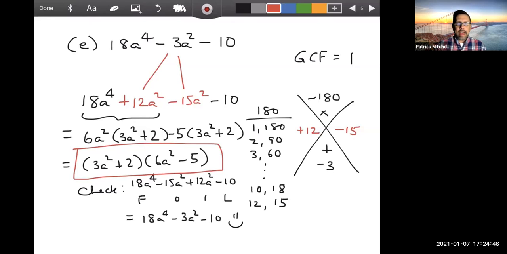All right, so as I said, I hope that you give this method and the method from the last section a fair shake. To me, the difference is, when is the first method easier and when is the second method easier? I tend to use this method when the first and the last term have a lot of different factors. There's lots of different ways to break up 18, and there are a couple of different ways to break up 10, so I feel like that would be too much work to do using trial and error.